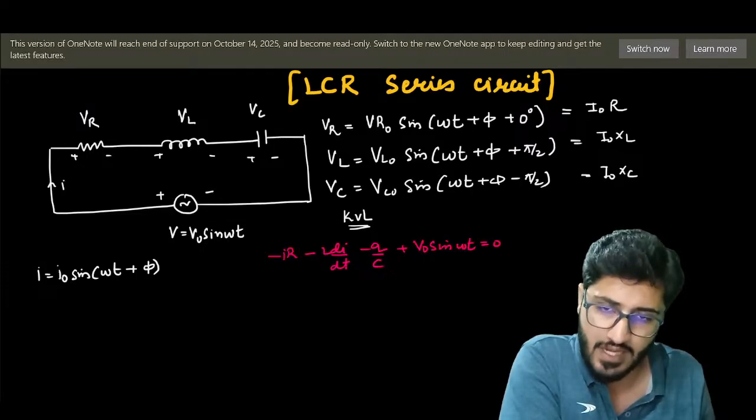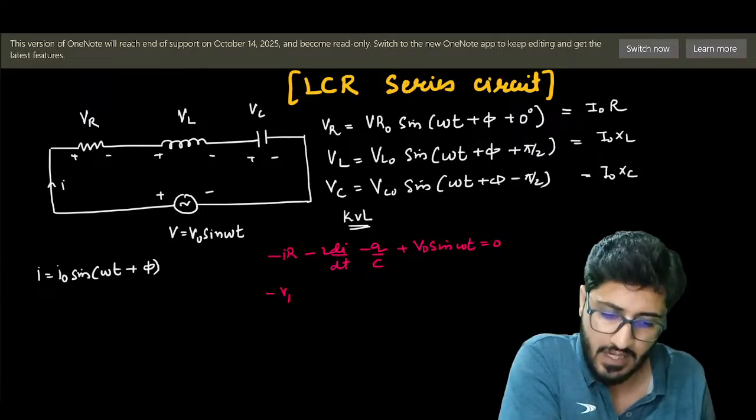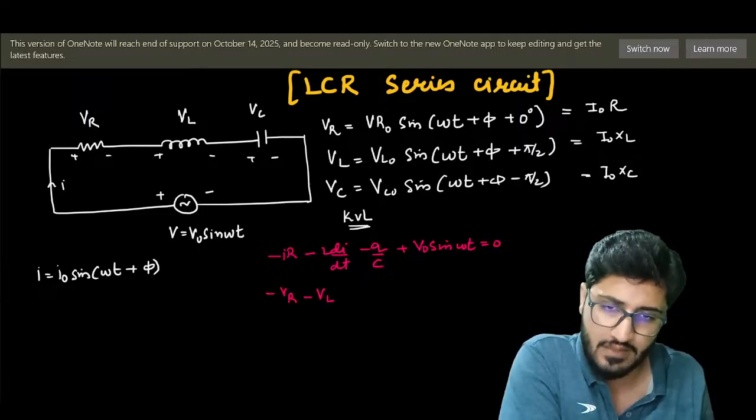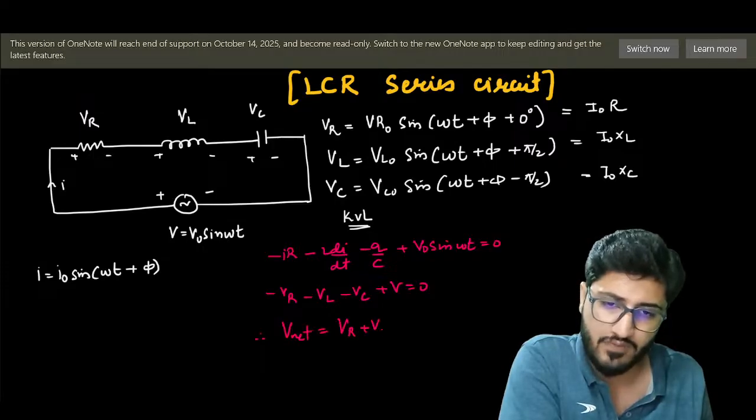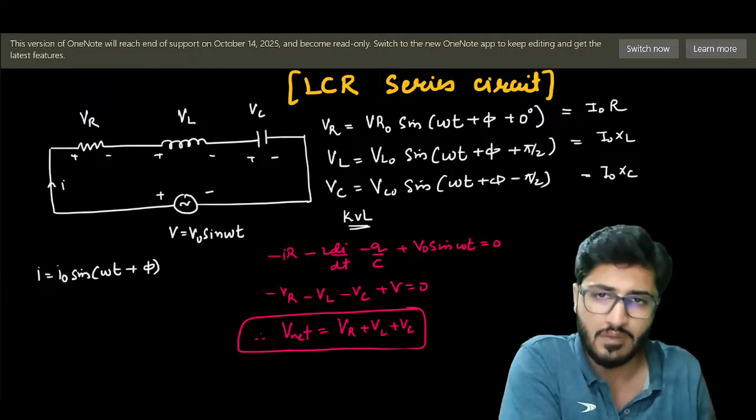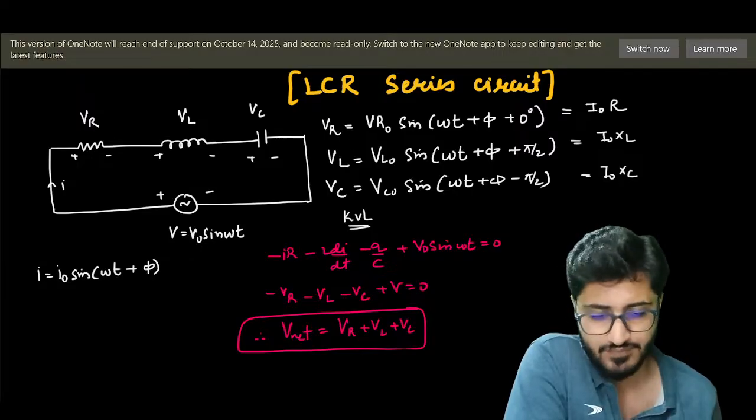Or I will write it as minus VR minus VL minus VC plus V equals 0. That means my V net equals VR plus VL plus VC. Done.